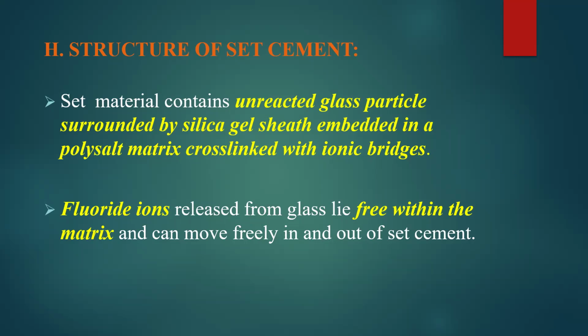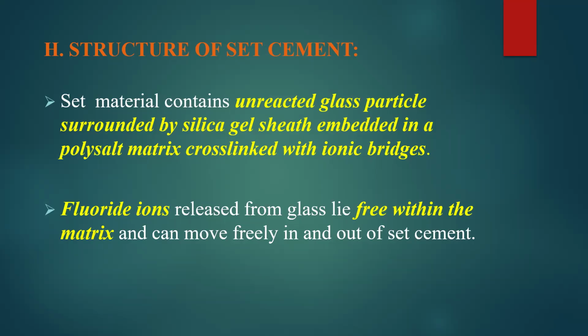Now you may be wondering, what is the role of fluoride ions? Fluoride ions, which are released from the glass, will lie freely within the matrix and can move freely in and out of the set cement. So what is its significance? All of us know fluoride has anti-carcinogenic property. So the surrounding areas around the cavity restored with GIC will have abundant fluoride.